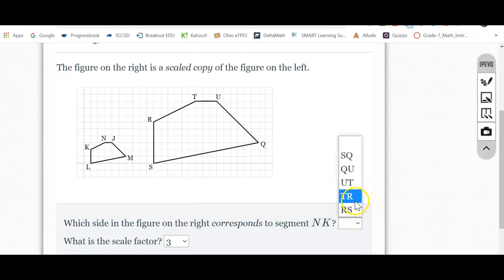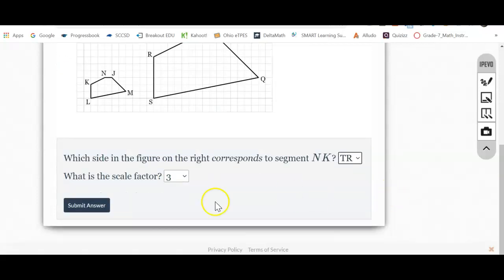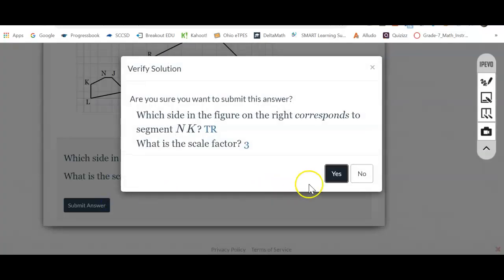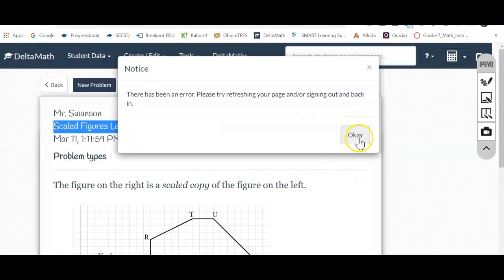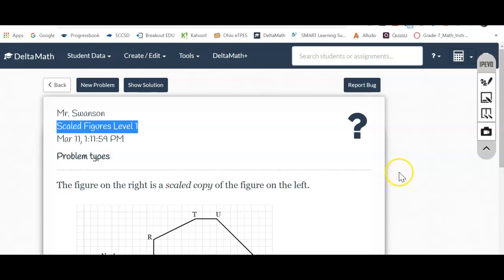Okay, when I'm done, TR, I'm going to click Submit Answer. Say yes. Oh, there's been an error because I've been idle too long apparently. What it's going to do then is give me an explanation.